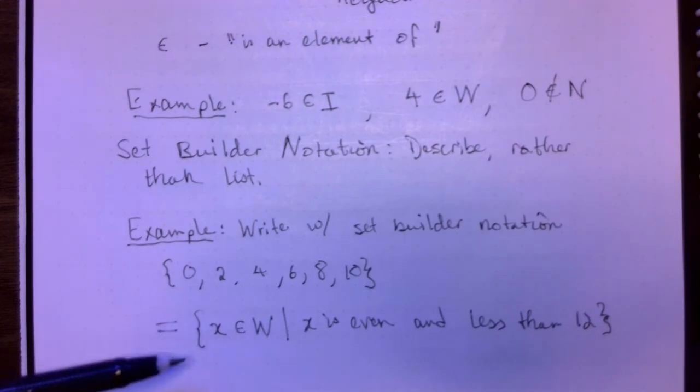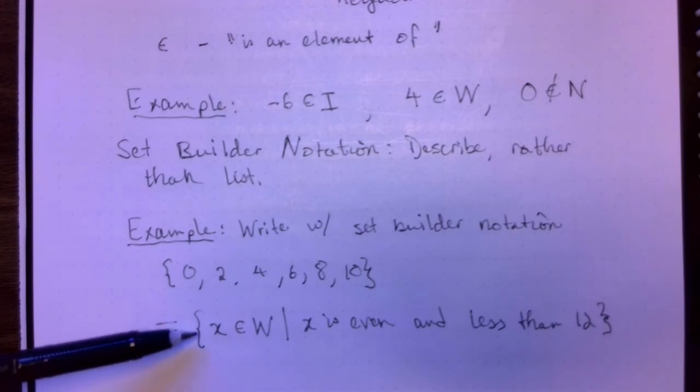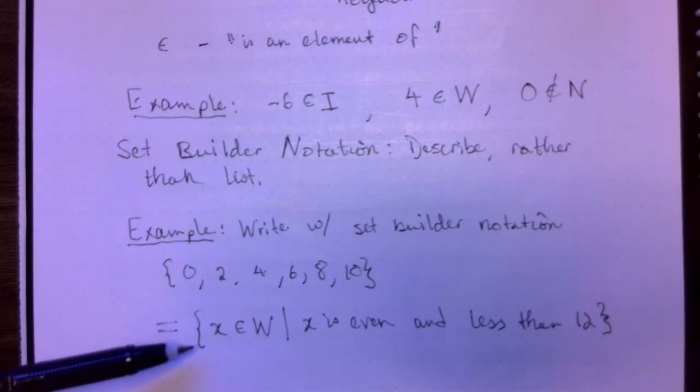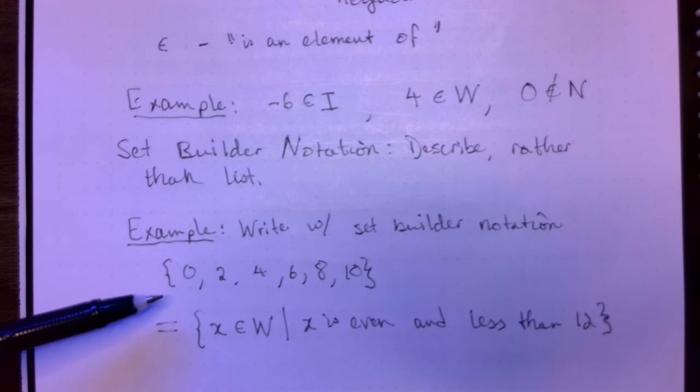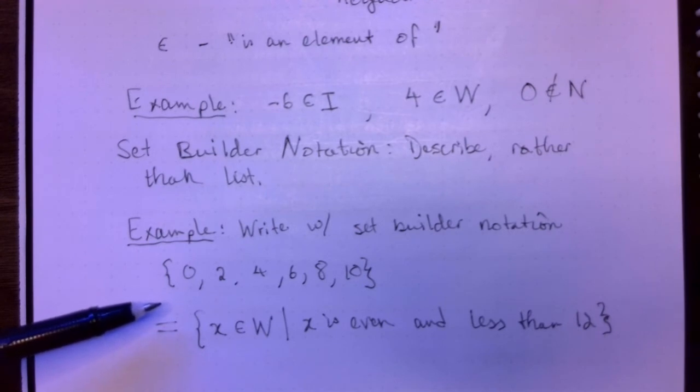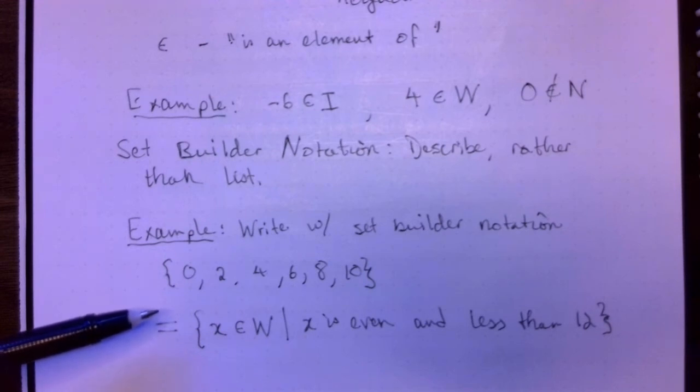Now in this particular case, writing with the set builder notation was actually longer than with the roster method, but in a lot of cases we won't actually be able to give a set using the roster method. If the set is especially large, or if the set is infinite, then the roster method may be impossible.